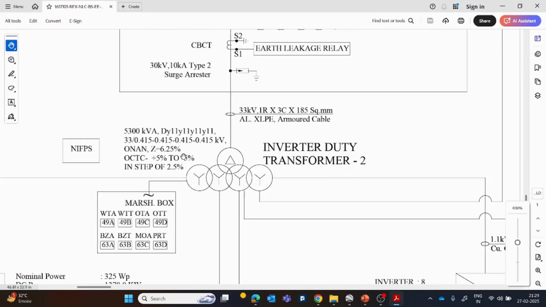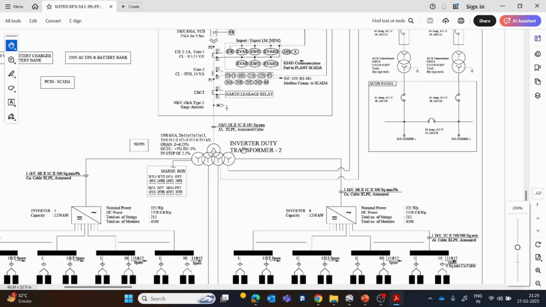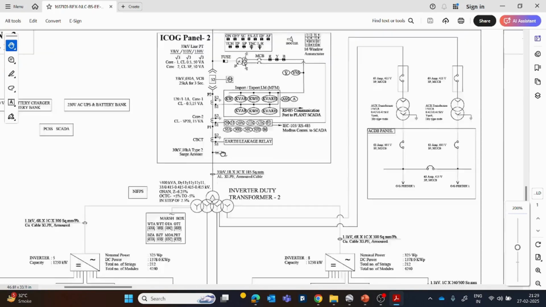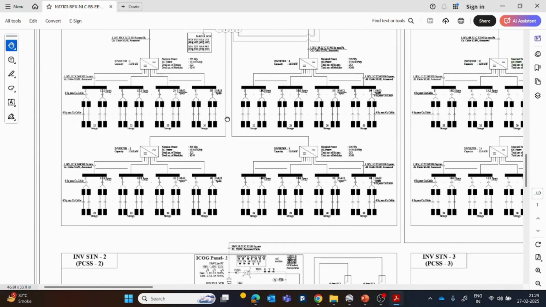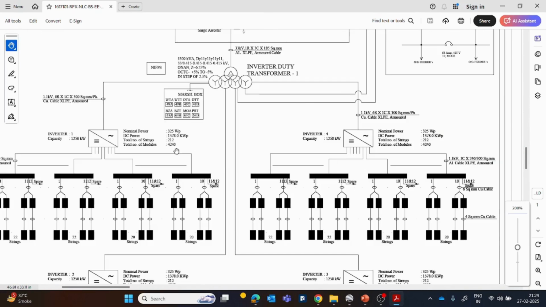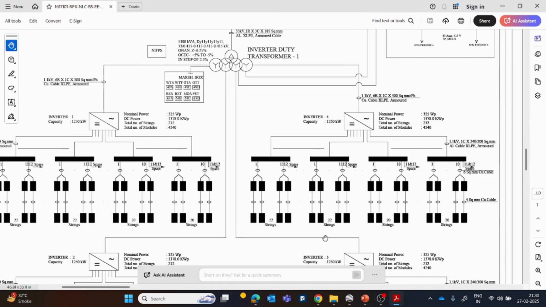In this project, we had gone with an inverter block of 5 megawatt. That inverter station block of 5 megawatt consisted of generally four central inverters, as you can see, one, two, three, four. All four inverters are that same Sungrow inverter which I had shown to you, 1250 kilowatt.